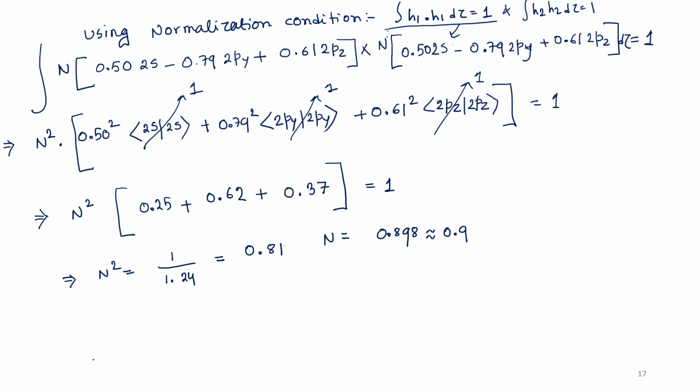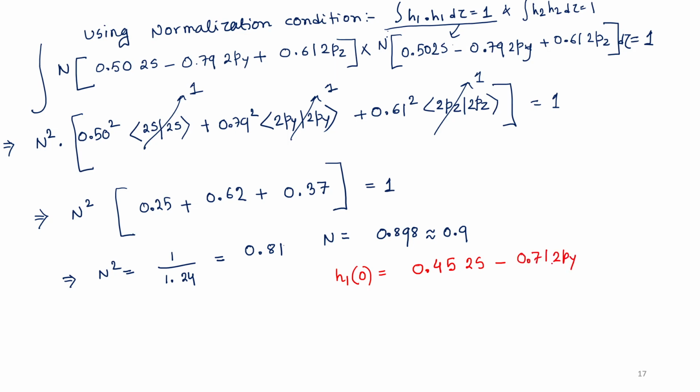So ultimately, I'll write again. I'll multiply this 0.9 with 0.5, so maybe 0.45 2s minus 0.71 2py plus 0.55 2pz.